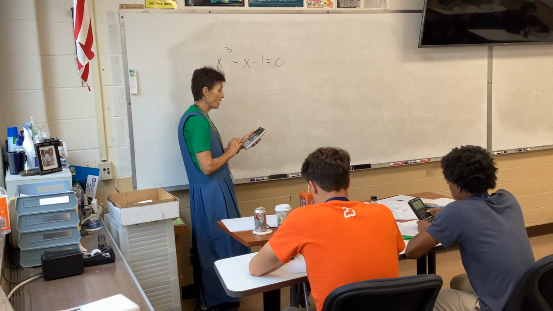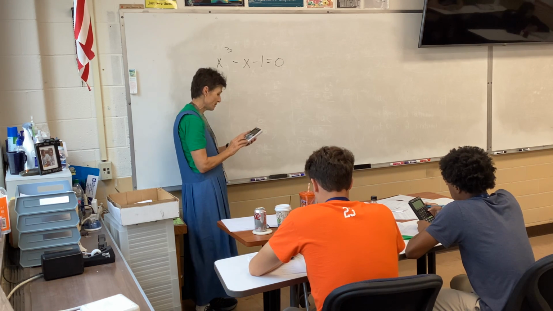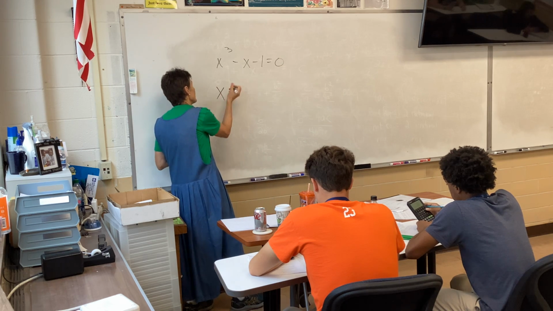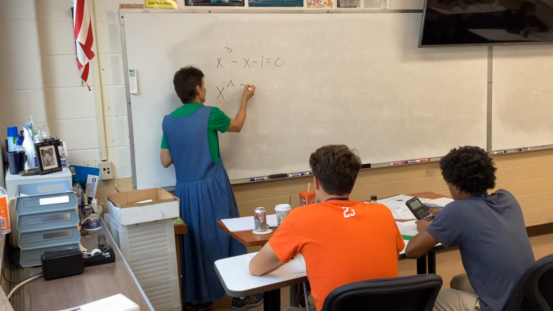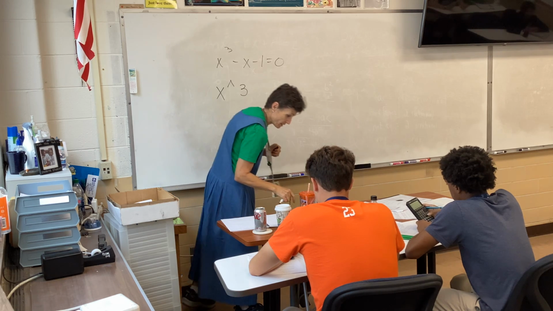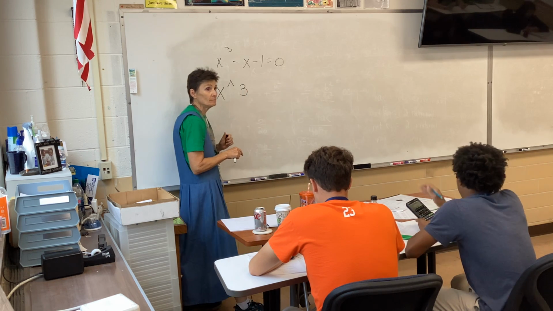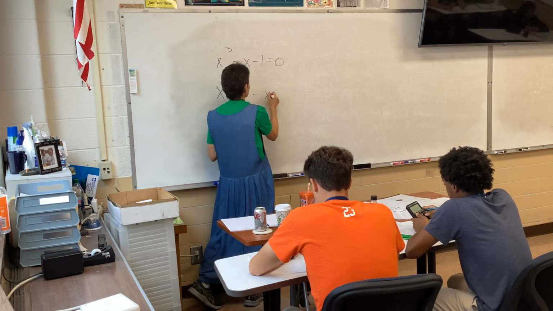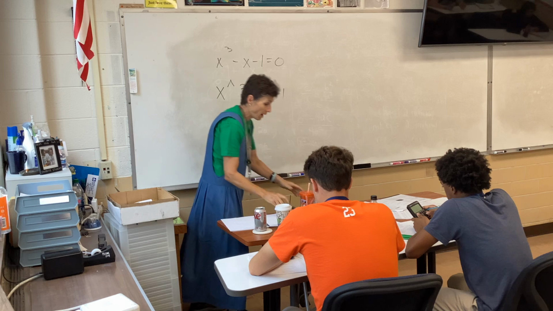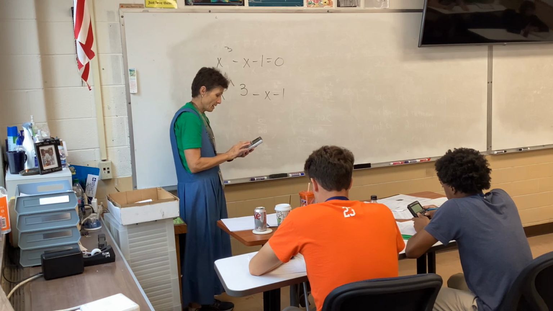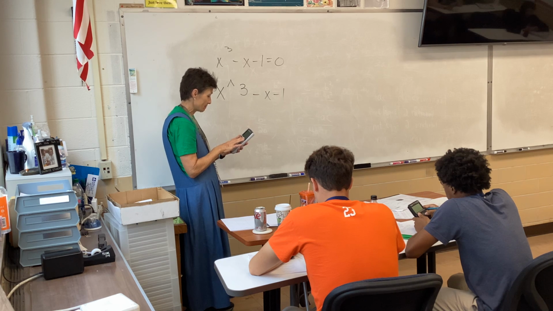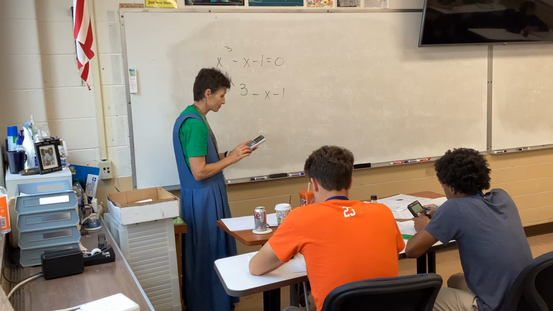I'm going to clear out my old equation and type in this one. To type in the 3rd power, use your caret button, which is right under the clear button. Take it to the 3rd power, and then minus x minus 1. So y equals x to the 3rd minus x minus 1.